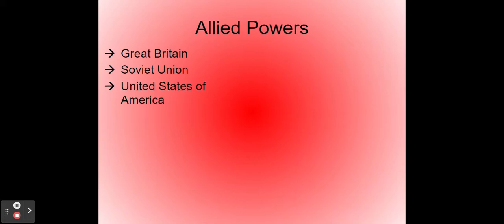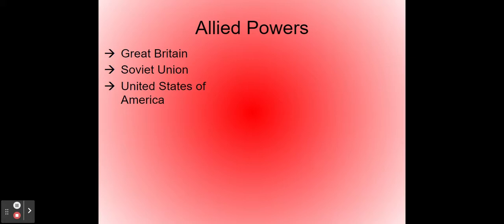Before we get into the strategy itself, let's review who the Allied powers are. In Europe, you have Great Britain or England, the Soviet Union, and then I would also put the United States of America. Even though we're not in Europe, I would put the US. And in parentheses, I would put France.